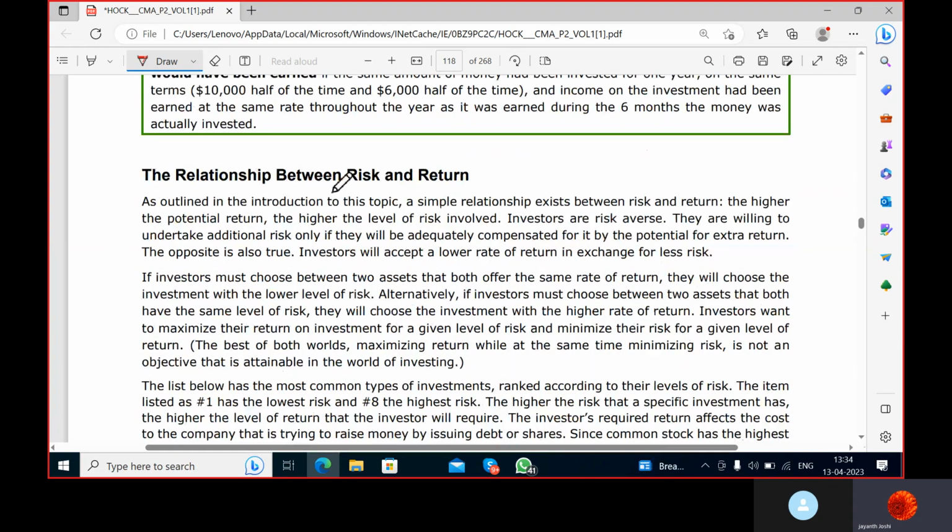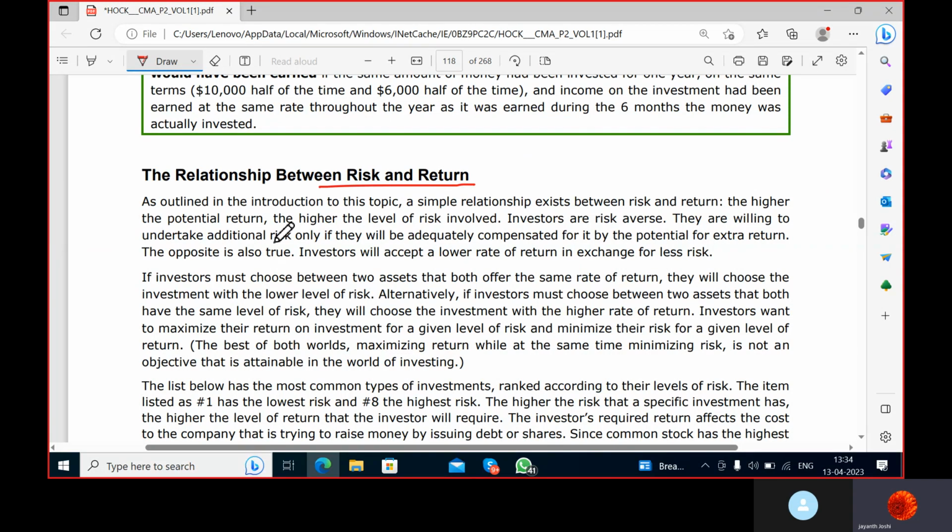What is the relationship between risk and return? There is a trade-off between risk and return. The more risk you take, the more returns you should expect. Since you are taking higher risk, you want to be compensated with more returns.